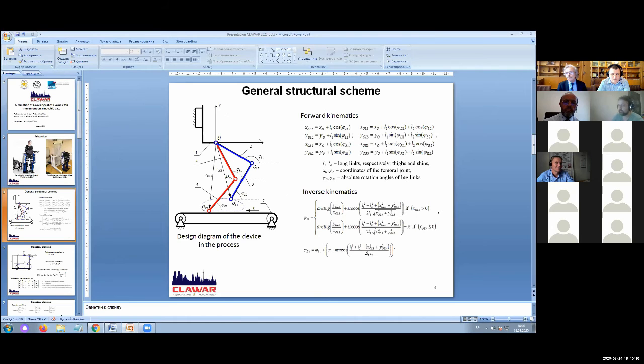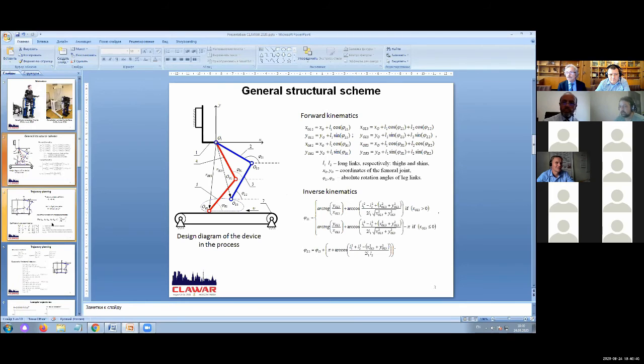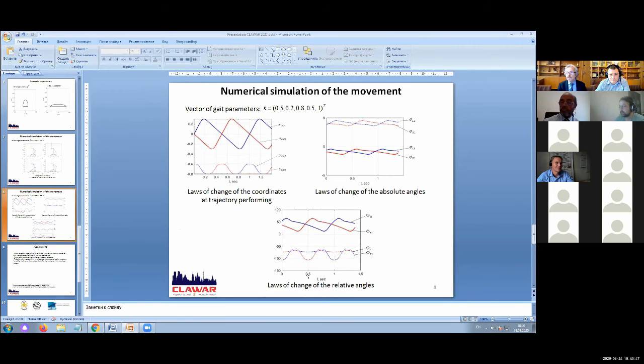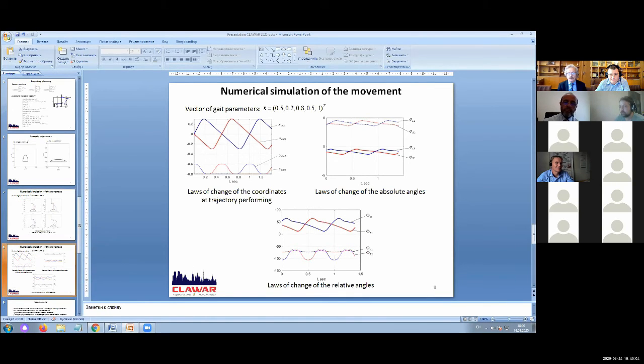Thank you for the question. In the framework of this work, we use only kinematics, because the main idea of this work is to determine the law of change of relative angles for prototypes. But also we have dynamic models when we model different dynamic control systems.